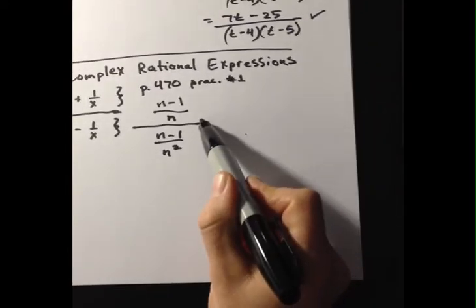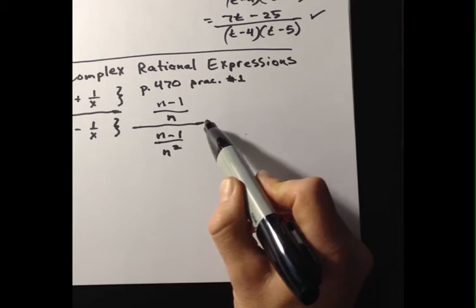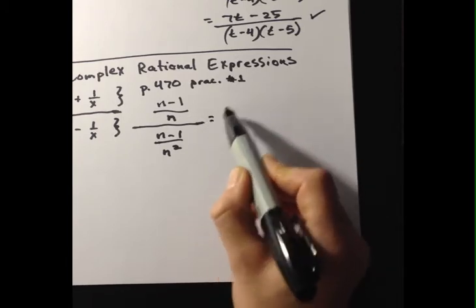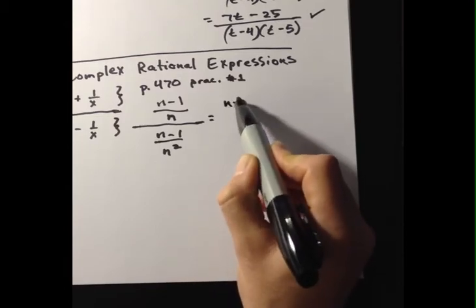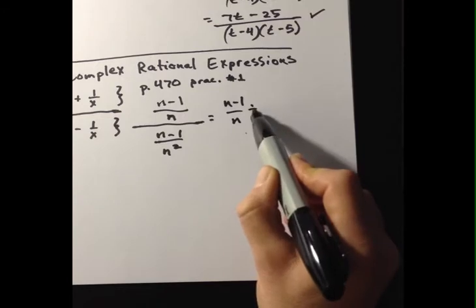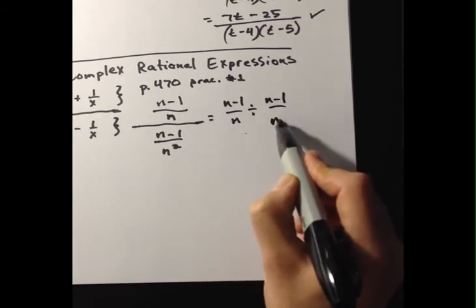First thing we're going to do here is rewrite this as a multiplication. So what this means is n minus 1 over n, right here, is being divided by n minus 1 over n squared.